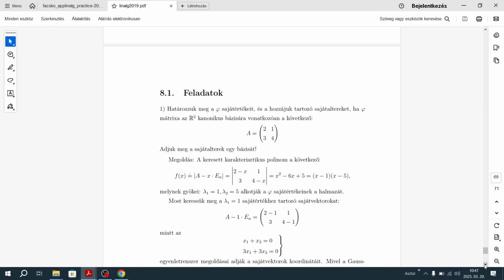So the subspace of these vectors, it's a nightmare. Actually, I remember that I used chalk here.